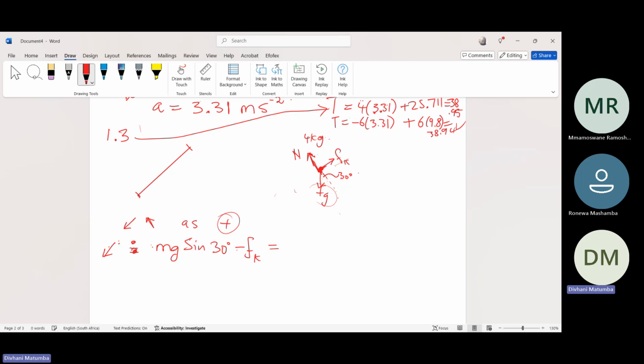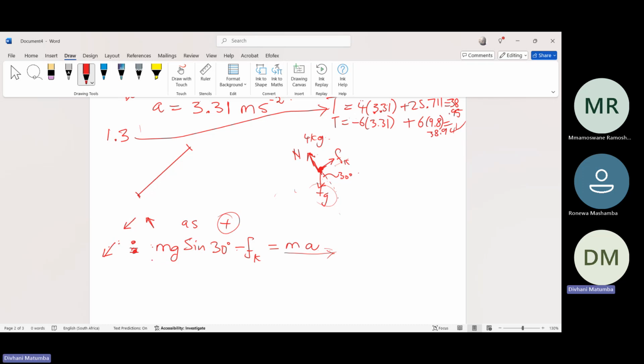It will be equal to mass times acceleration. Remember, the acceleration is going to be new because now we have a new system because the rope has snapped.